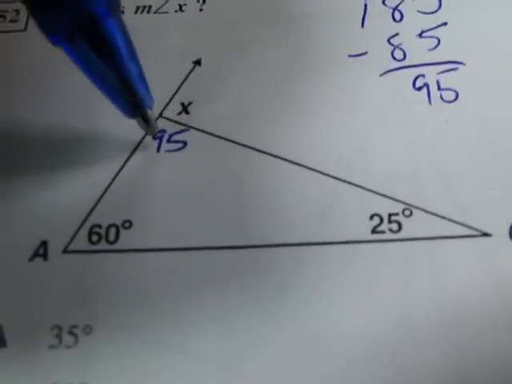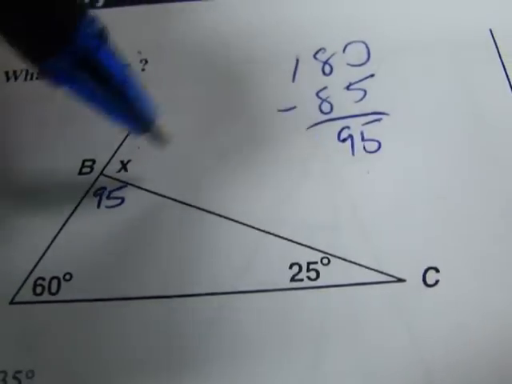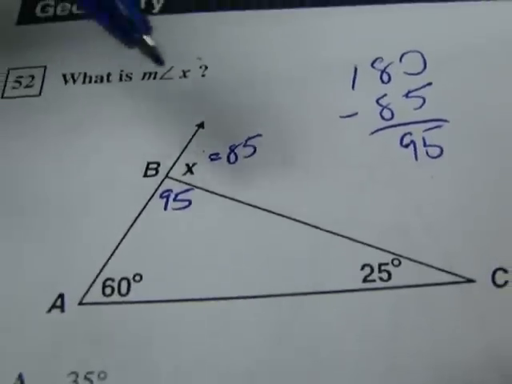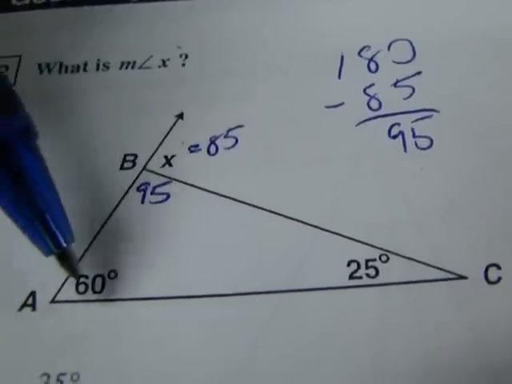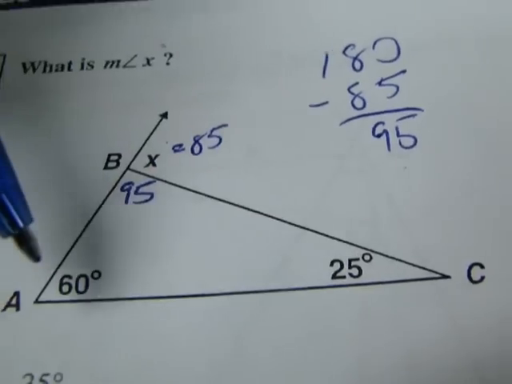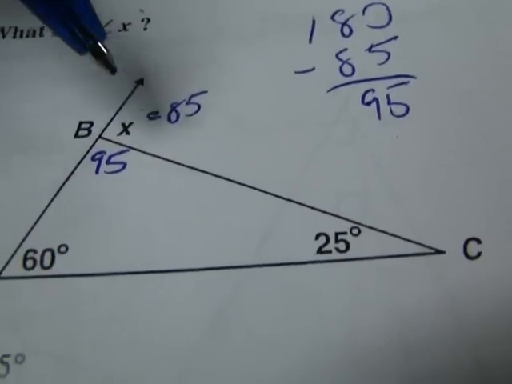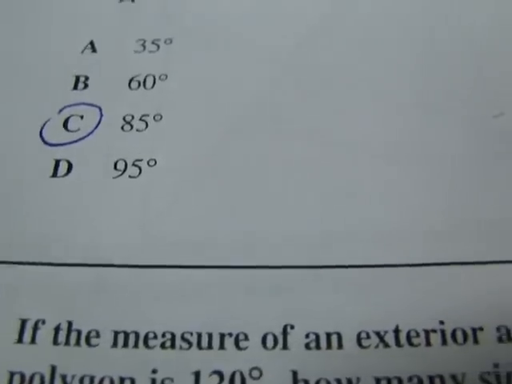Now if we look at X, it's a linear pair to this one, so it's got to be 180 minus 95, or 85. There is a theorem that says that when you want to find the exterior angle of the unknown angle in a triangle, you just take the sum of the other two angles. In other words, 60 plus 25 will always get you this angle, or 85. So here you go. C is your answer.